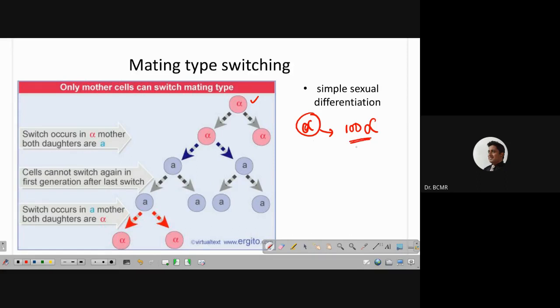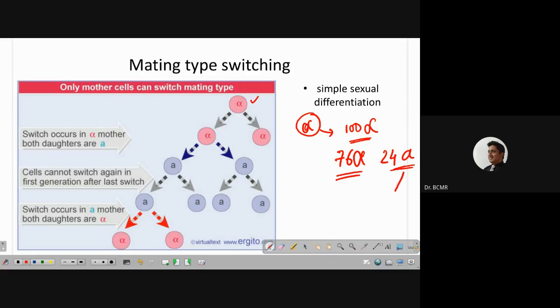Then is there a possibility for sexual reproduction? No, sexual reproduction does not happen. But what they saw is, after formation of about 100 cells, some of them, say 76, are alpha type, and 24 are A type.